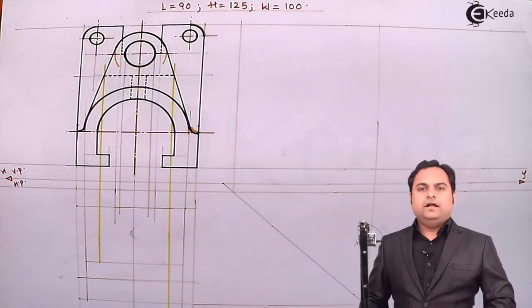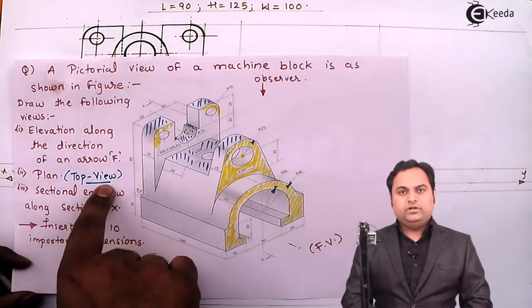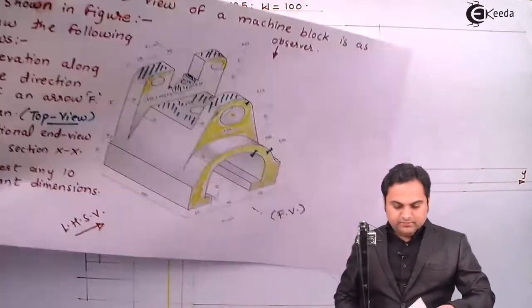After reaching up till here, I'll start making it dark, because for the top view also we have to draw the plain top view, not the sectional top view. So I can make the outlines dark.